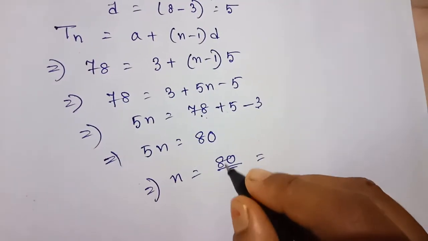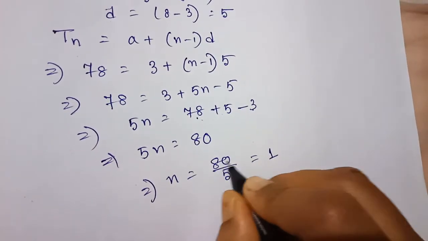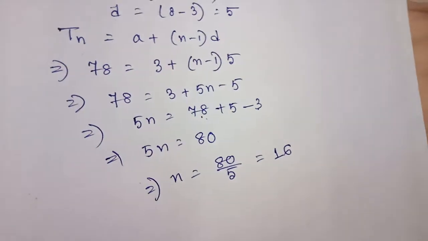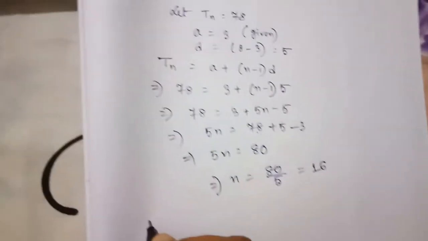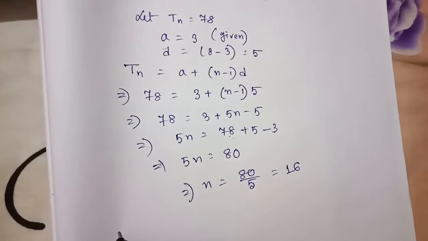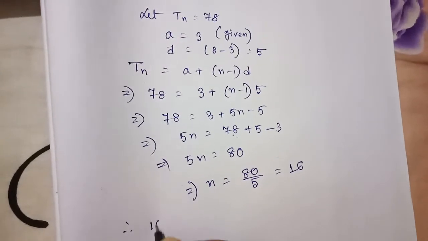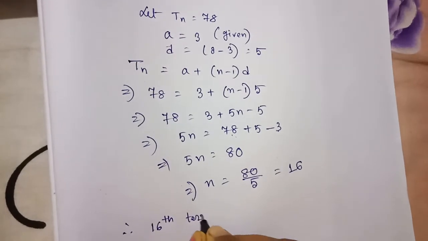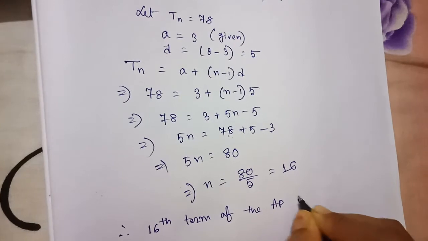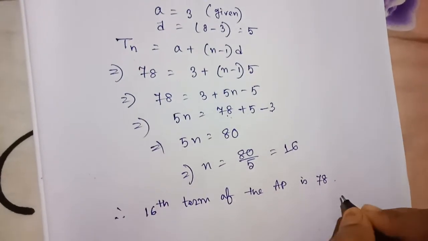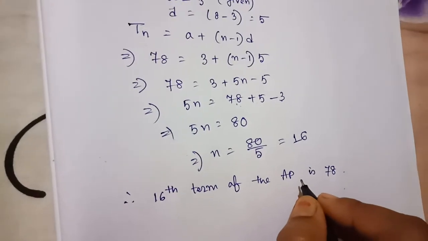So it's 80 by 5, 5 sixes are 30, so it's 16. So how we will write the answer? In the same way the statement is given in the question. So therefore 16th term of the AP is 78. Okay, and this will be the final answer line.